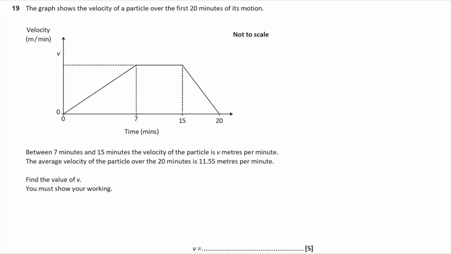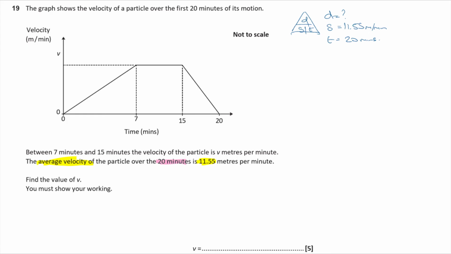Right, so we've been given the average velocity for the full 20 minutes here. So if we use the average velocity and the time, then we should be able to get the distance traveled, shouldn't we? Just using distance, speed, time. If the distance is the thing we want to find, the speed is 11.55 meters per minute, and the time is 20 minutes.